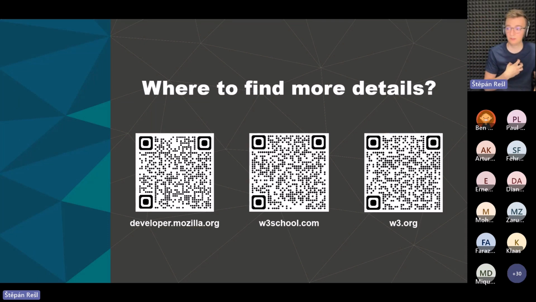I'm actually using mostly developer.mozilla.org because they have absolutely wonderful documentation over all the SVG world, and sometimes W3Schools, because you can even try it if you would like to. But mostly when I'm searching for something, I would go directly to developer.mozilla.org. If you try to search for code, it will directly send you to the SVG part of all of them. So don't be afraid to use them.